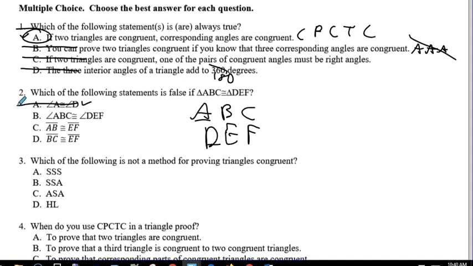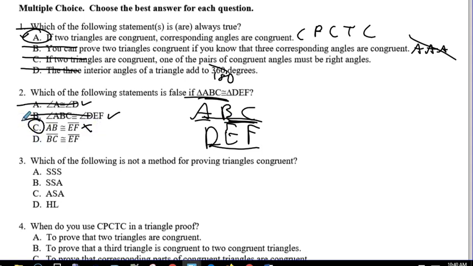ABC is congruent to DEF. Well, ABC, DEF, sure enough. So no. AB, that's right here. AB is congruent to EF. Well, that's not a true statement. That's wrong.